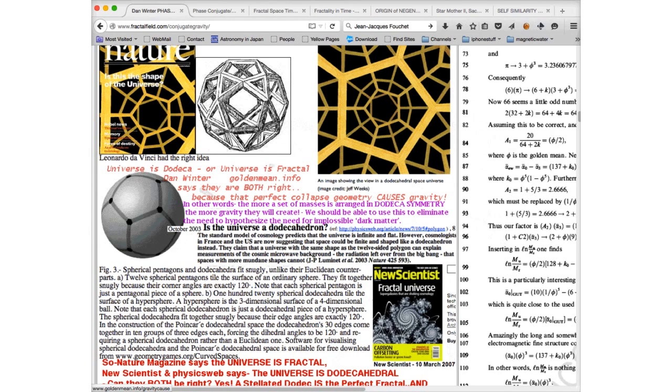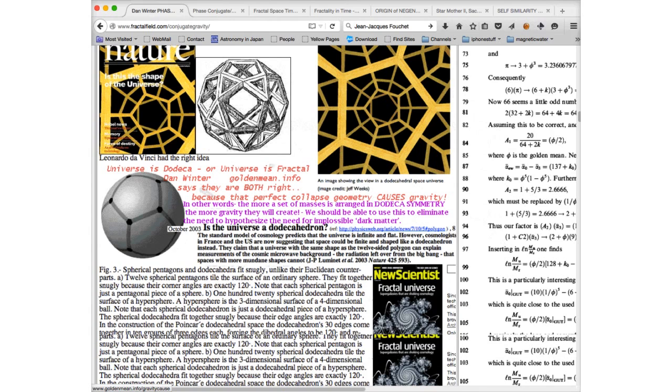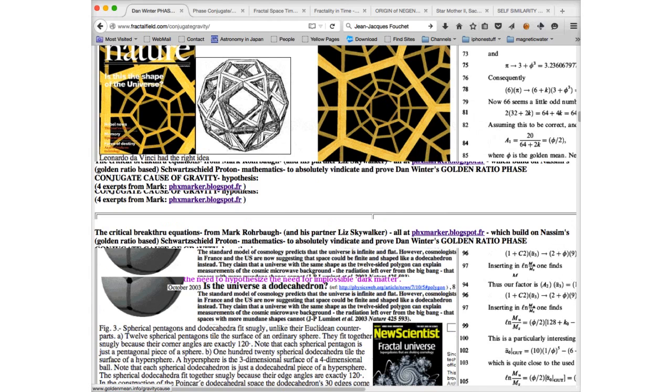This is a key component of my phase conjugate theory of gravity, as well as the fact that if you arrange masses like the universe's masses are arranged, in a dodecahedron, you'll make extra gravity. And you will no longer need to invent this dumb idea called dark matter. So you can test this interesting hypothesis by doing some actual experiments, which might end up being cheap. So that could be cool.